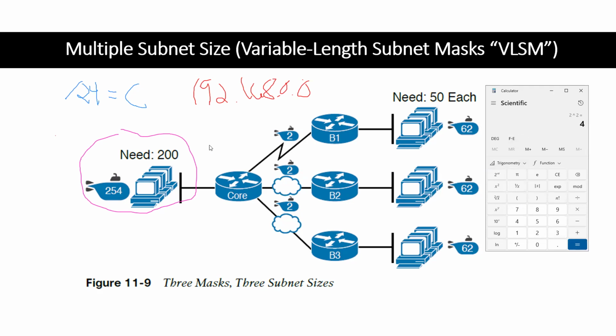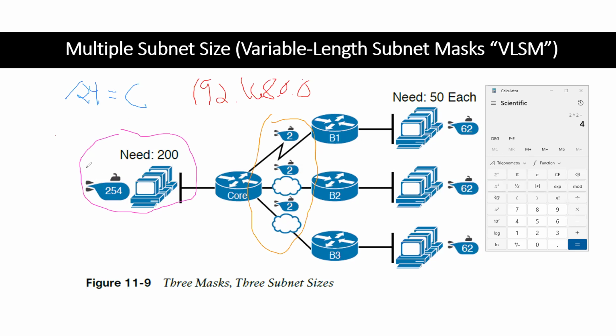So the 2 to the power of 2 matched up with the IP addresses that are needed between the core and the branches, B1, B2, and B3. So excellent, we're just going to need 2 IP addresses for them.